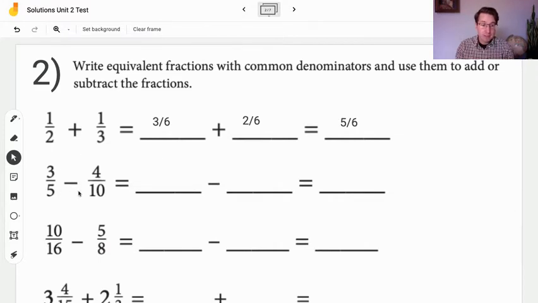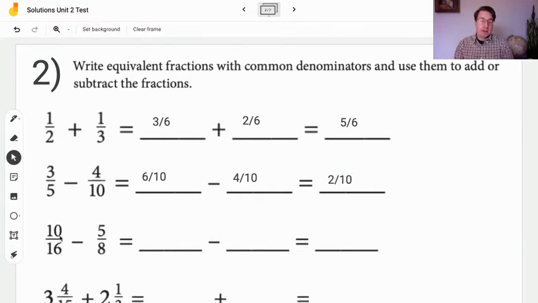All right, right off the bat here, subtraction, please pay attention to what you're doing. 3/5 and 4/10, boom, you see 5 goes into 10. Nice. Let's go ahead, let's convert just this one. Well, right off the bat, we can write 4/10 there because we're not going to convert this one. So 3/5, 5 times 2 is 10. 3 times 2 is 6. 6/10 minus 4/10, I saw a lot of mistakes here, is 2/10.